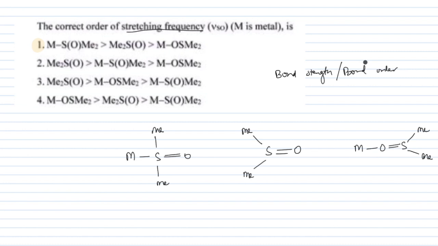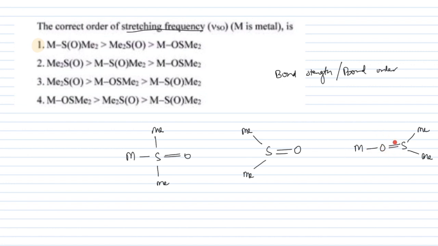So in the third one, oxygen will not favor forming 3 bonds. Oxygen generally forms 2 bonds, right? So it's violating the valency of this oxygen.